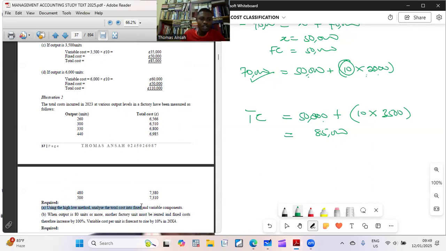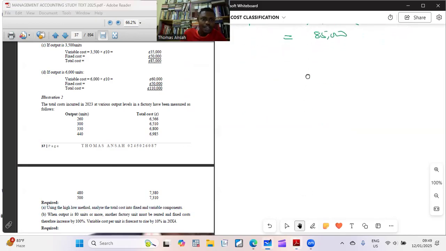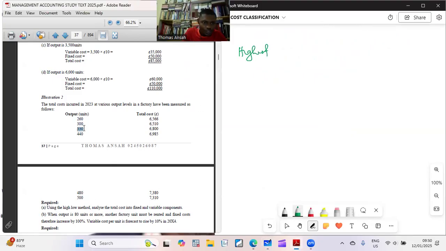So A, use the high-low method to analyze the total cost into fixed cost and variable cost components. So let's ascertain the highest and the lowest. Which one is the highest? It looks as if this is arranged already in order. If it is not, be careful.